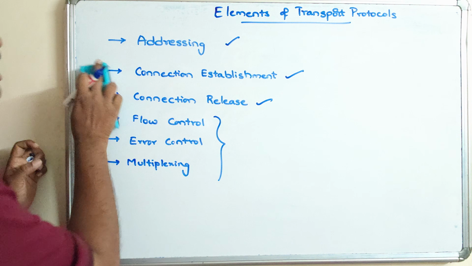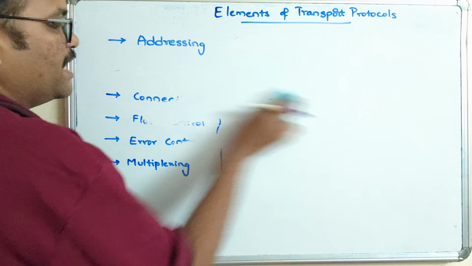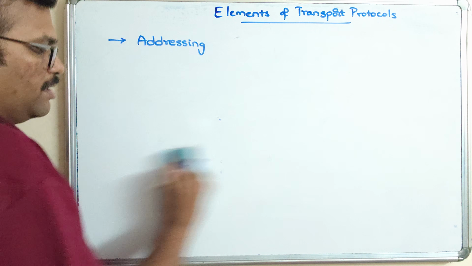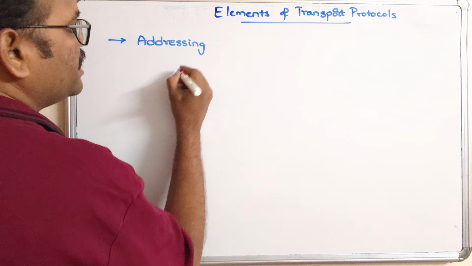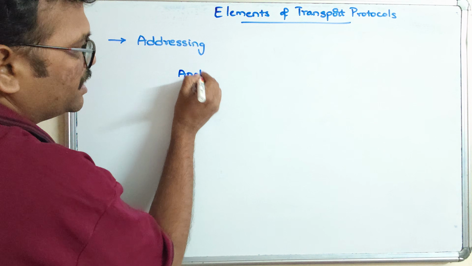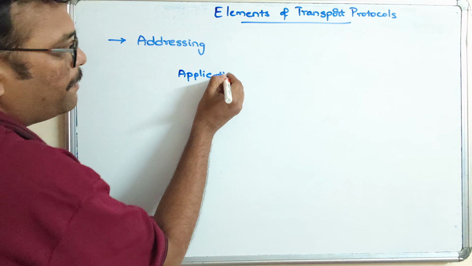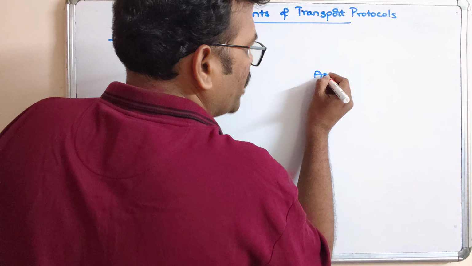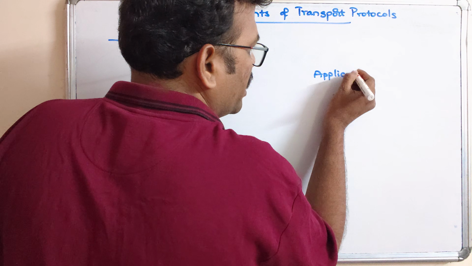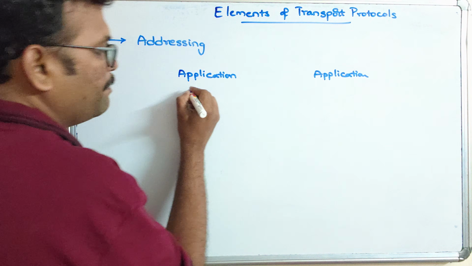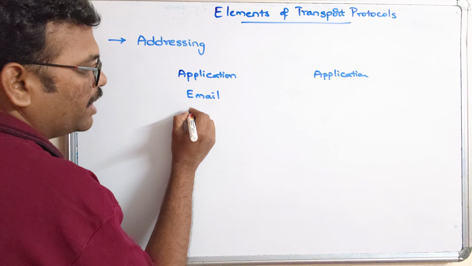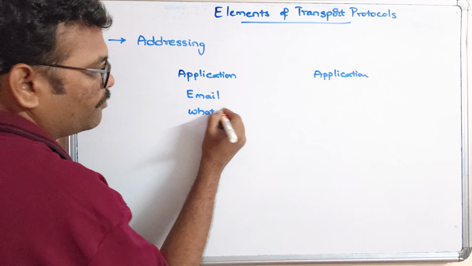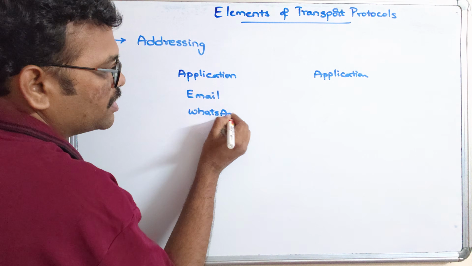Now coming to the first one, addressing. As I said, the data should reach the correct application. What we are saying is the data will be sent from application to application. Let me take an example. Let us say an application is email, and parallelly we are using WhatsApp.